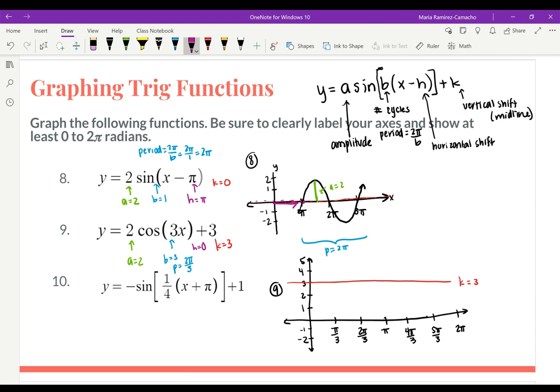Our period is 2 pi over 3, so that actually means that if we start on the y-axis, our cycle is going to end at 2 pi over 3. And our amplitude is 2, which means that if our midline is at 3, our max point is going to be at 5, and our minimum point is going to be at 1. So let's draw that cycle.